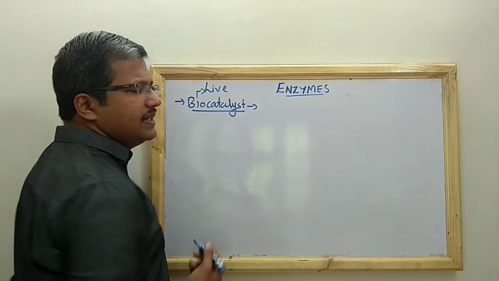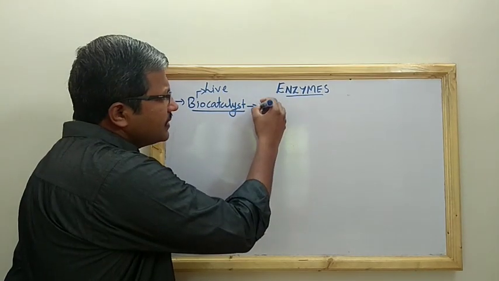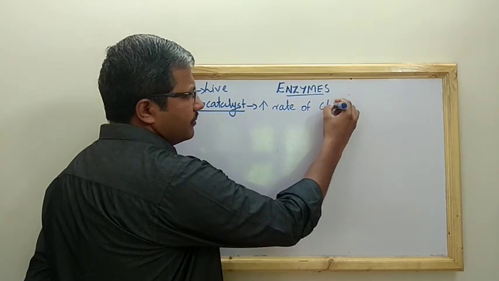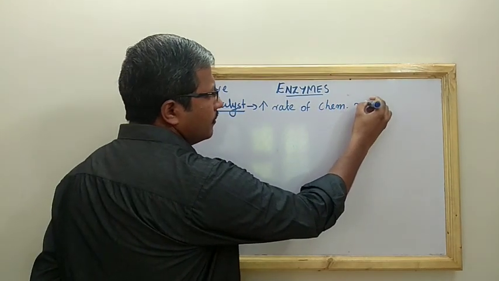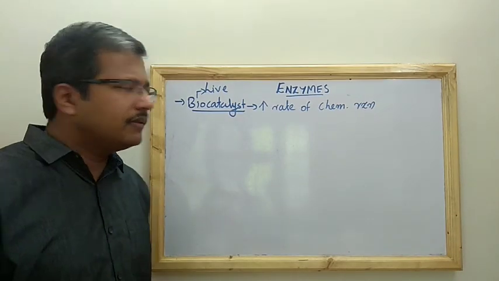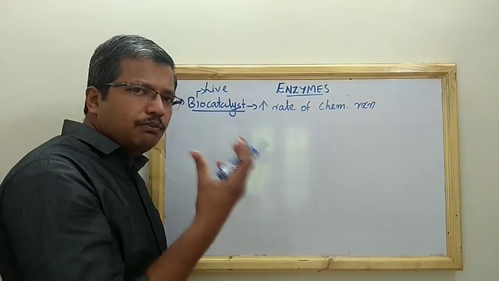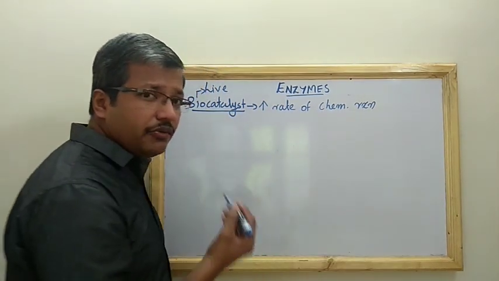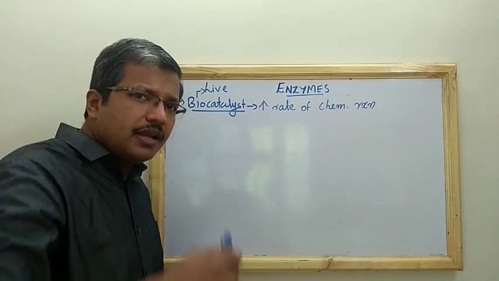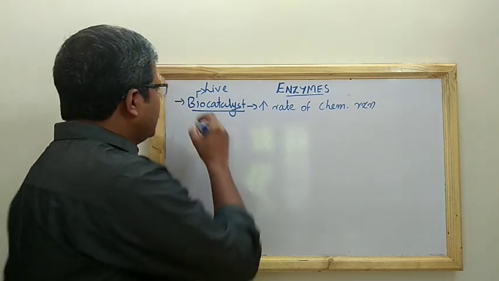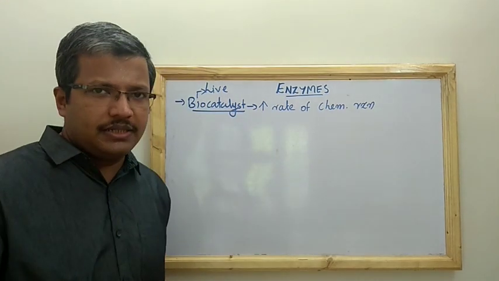And catalyst is the one which increases the rate of chemical reaction. So biocatalyst means the molecules or substances which increase the rate of chemical reactions happening inside a living organism's body. That's why it is known as a biocatalyst.